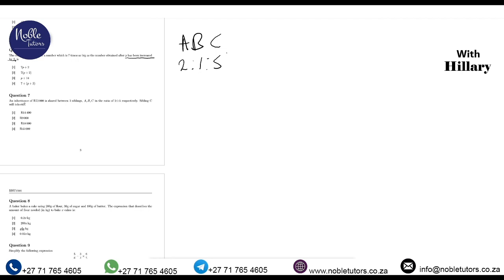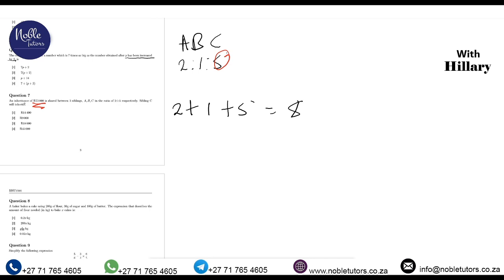So when you're dealing with a ratio, the first step is to add all the ratios that you have. So you say 2 plus 1 plus 5, which gives you 5 plus 1, that's 6, plus 2, that's 8. So it will give you a total of 8. Then you come back and ask, how much does C have? You can see that C is getting 5 out of 8. So you want to know how much in rands sibling C is going to get.